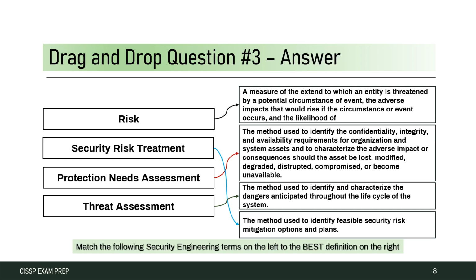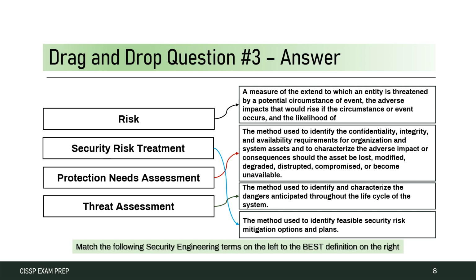Voila. So risk is a measure of the extent to which an entity is threatened by a potential circumstance or event, the adverse impacts that would arise if the circumstance or event occurs, and the likelihood of occurrence. Security risk assessment is the method used to identify viable security risk mitigation options and plans.